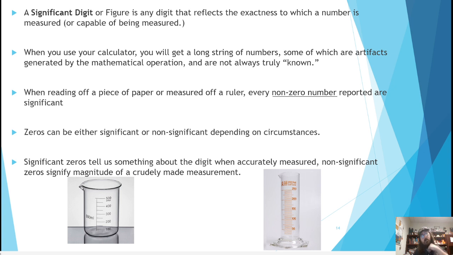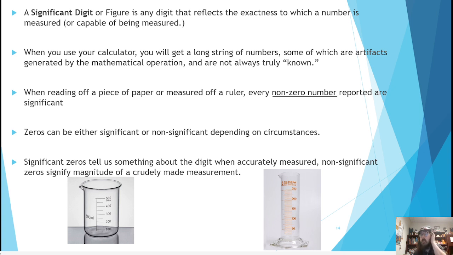So the third digit, the second zero, would be a non-significant zero because it just tells us it's big, but we don't actually know that's 0. It could actually be 205 mils. It could be 199 mils. We don't know because the beaker does not allow that.